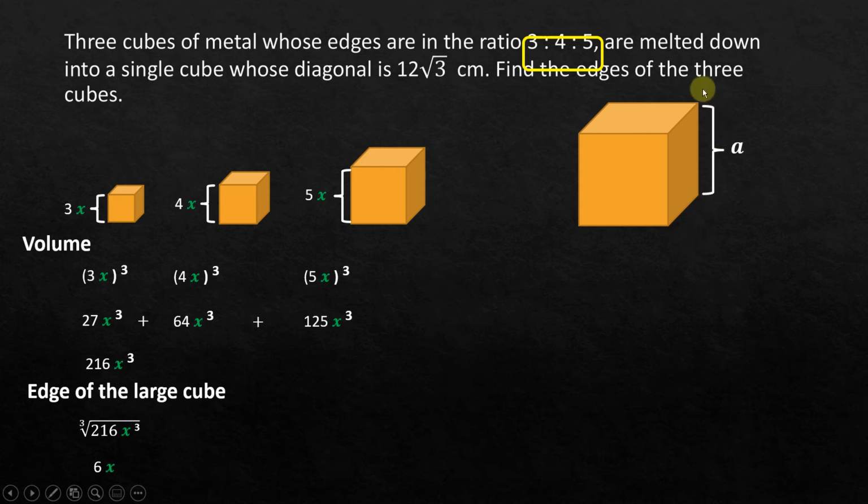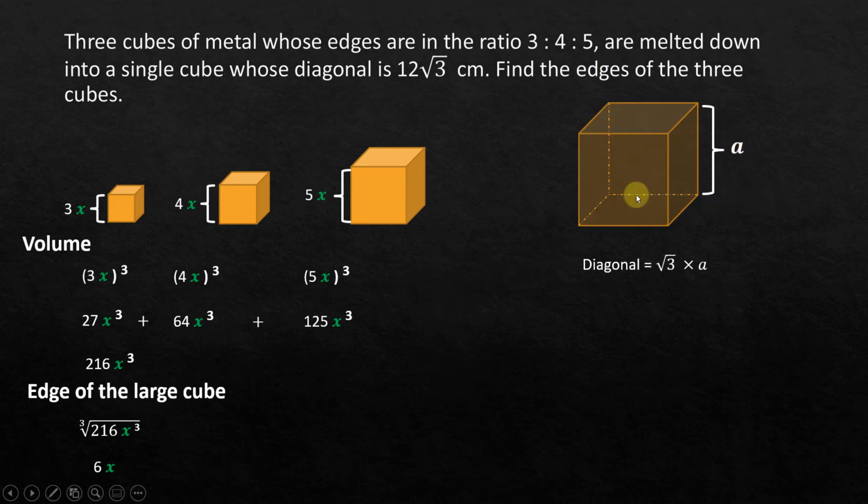Now let's assume that this edge is a, because we don't know the value here yet. But we have another value that we know of, that is 12 root 3, and that is the length of the diagonal. The diagonal is equal to square root of 3 times a. This is the formula which shows the relationship between the length of the diagonal and the edge.